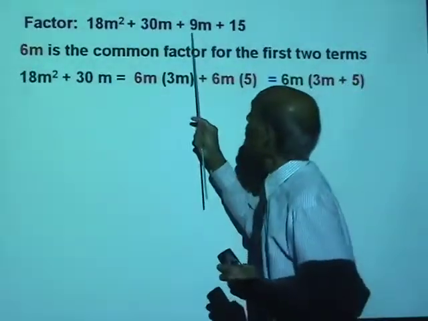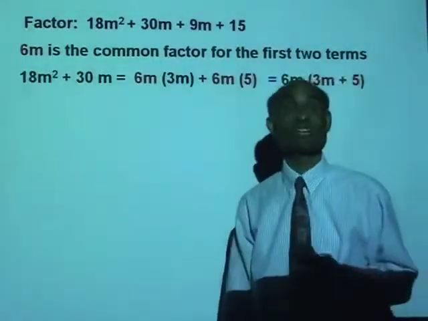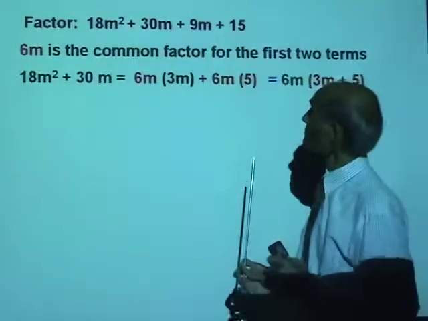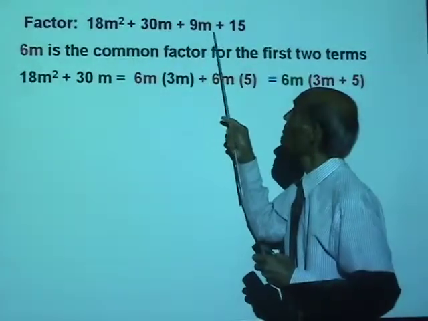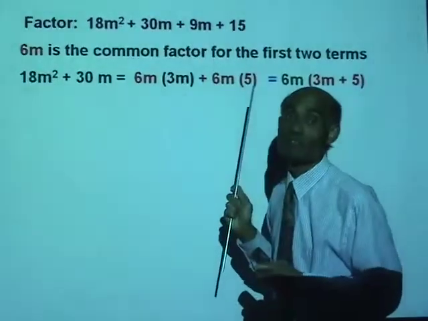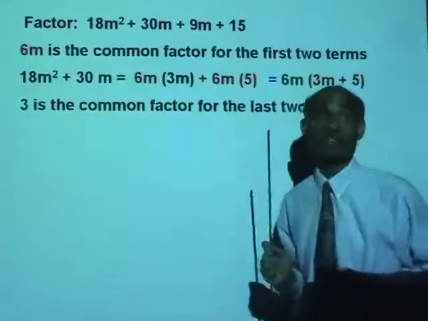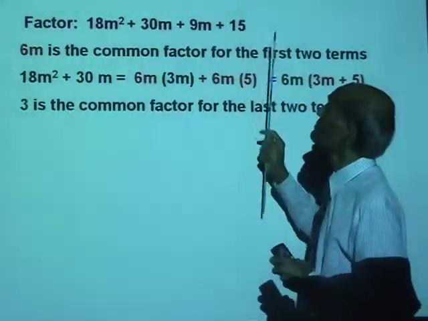Okay, what is the common factor for 9m plus 15? Can you recognize the common factor there? Alright, 3 is the common factor for the last two terms.